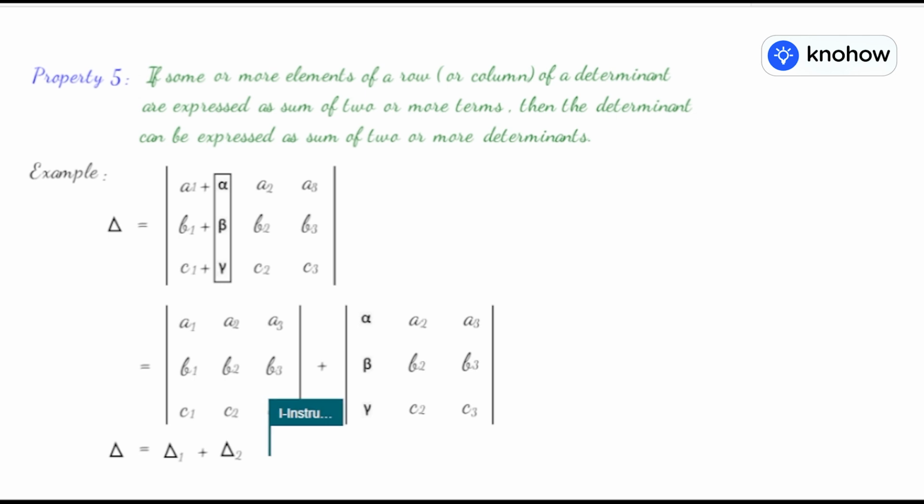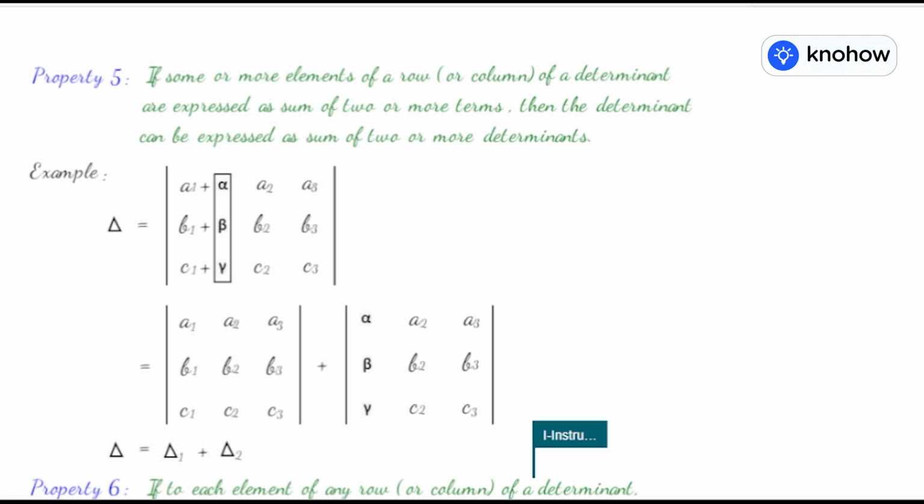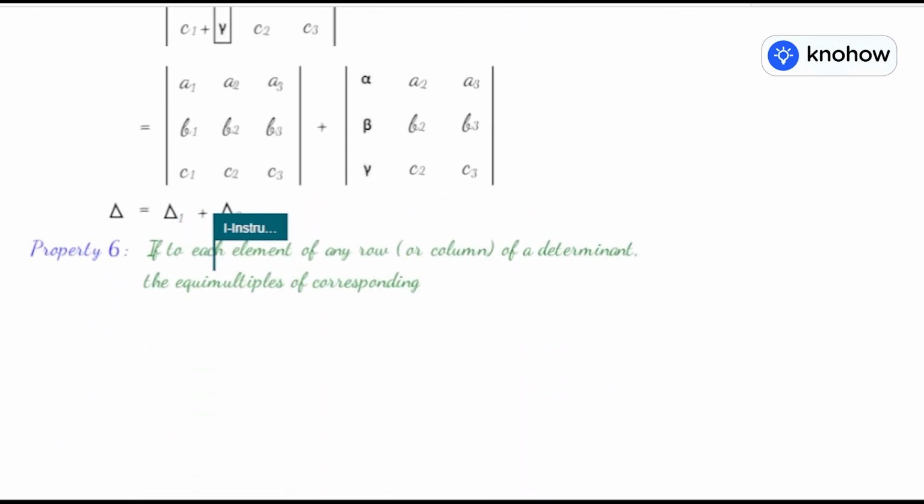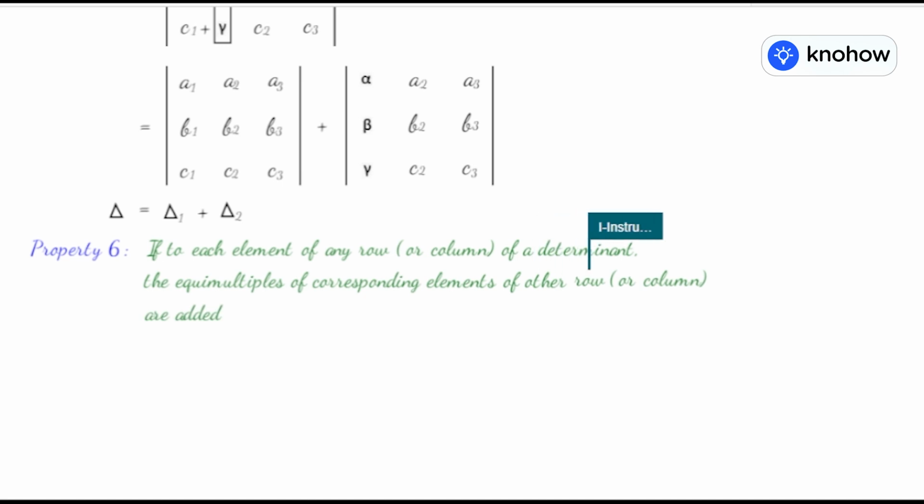Now the next property, property 6, which is the most applicable property. Just note down, if to each element of any row or column of a determinant, the equimultiples of corresponding elements of another row or column are added, then the value of the determinant remains unchanged.